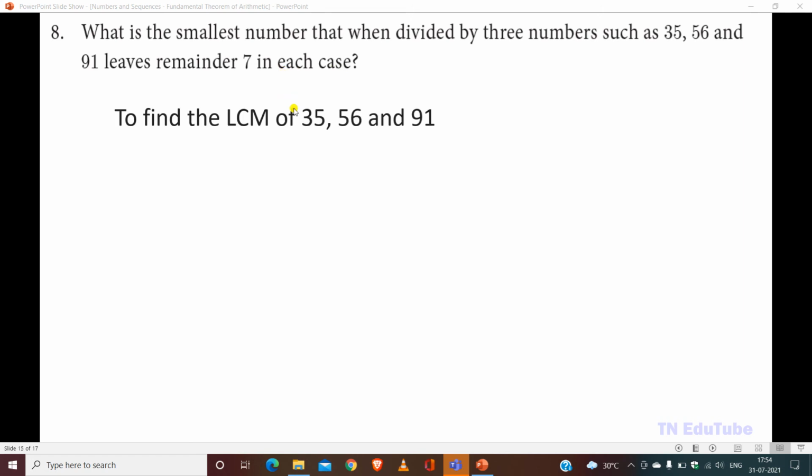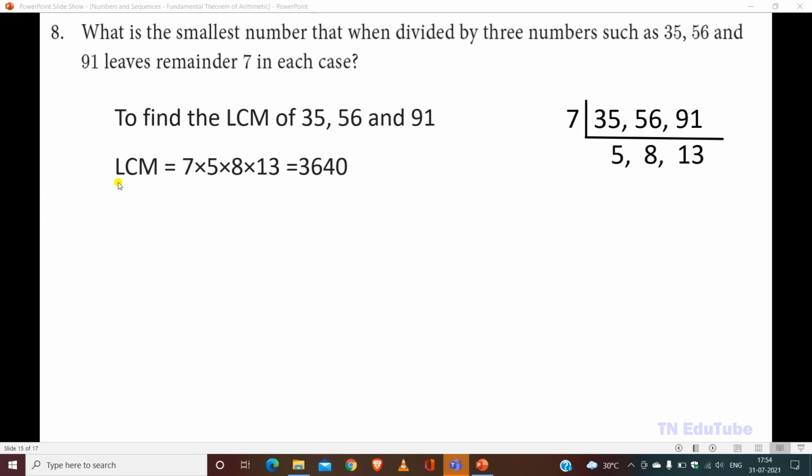Here also we have to find out the LCM of these 3 numbers. For these 3 numbers, 7 is common, the 7th table goes for all of them. So you get 5, here it is 8, here 13. So the LCM of these 3 numbers, when you are multiplying these numbers, you get 3640.